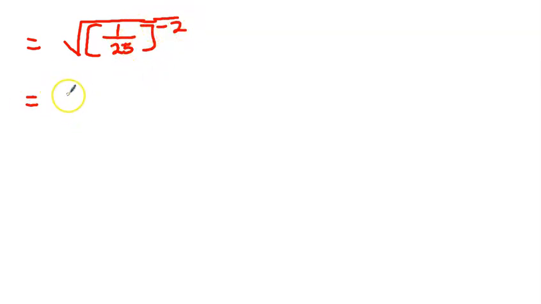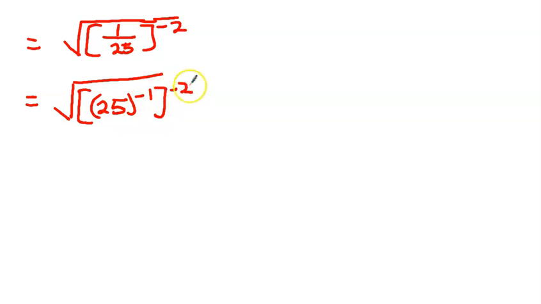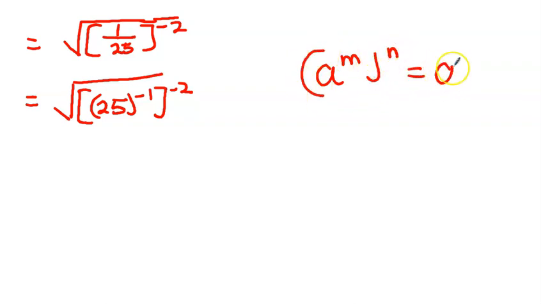Okay, now there are several ways of simplifying this. We can rewrite this as the square root of (25 raised to the power minus 1), all raised to the power minus 2. And from the properties of indices, a raised to the power m, all raised to the power n, is the same as a raised to the power m times n.